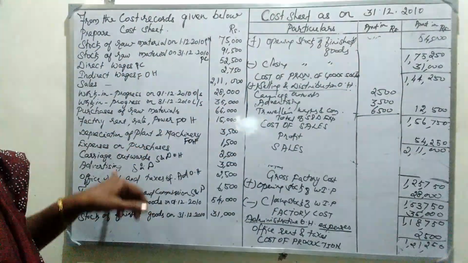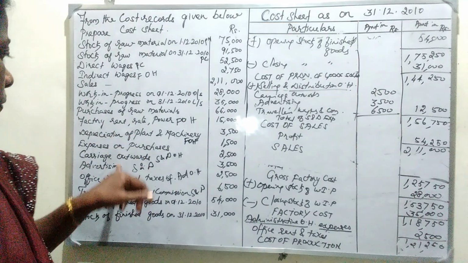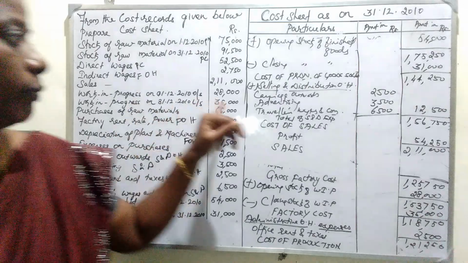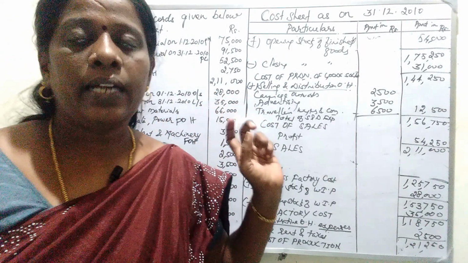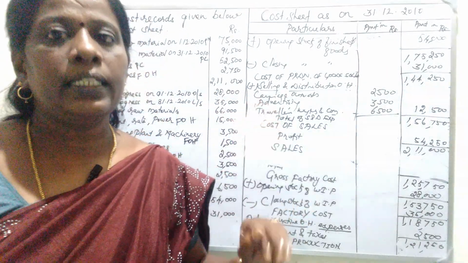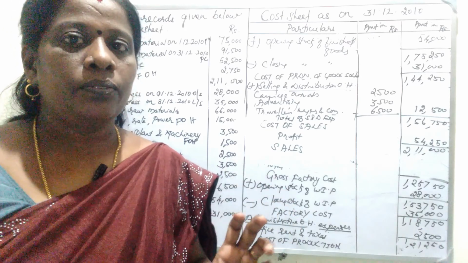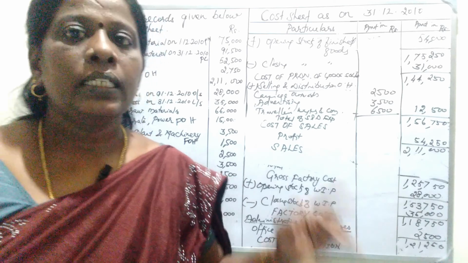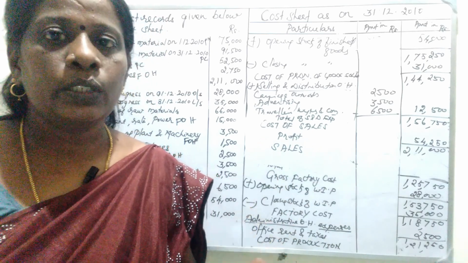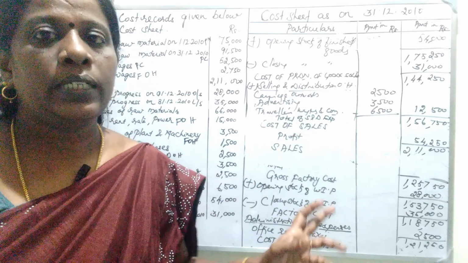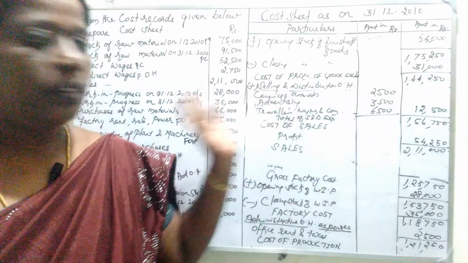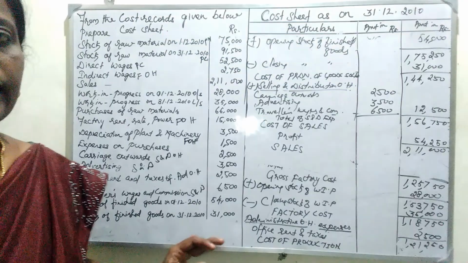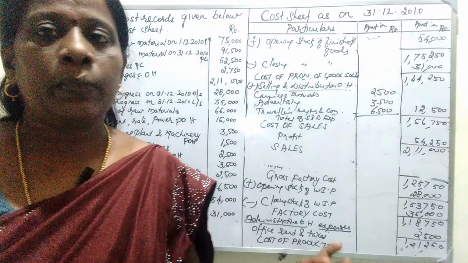Next, the opening stock of work in progress and closing stock of work in progress have to be adjusted after totaling the factory expenses. The factory expenses are added to the prime cost, and that total is called gross factory cost. Then we adjust the work in progress, opening and closing, and finally we adjust the finished product opening and closing.